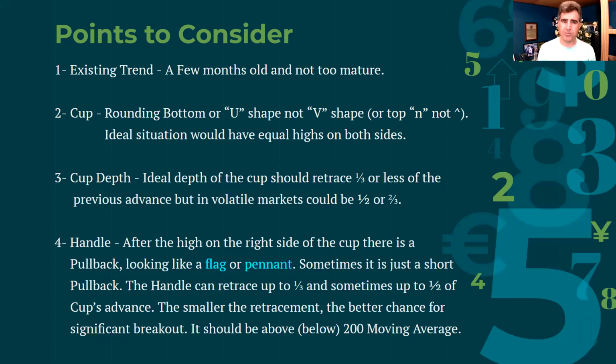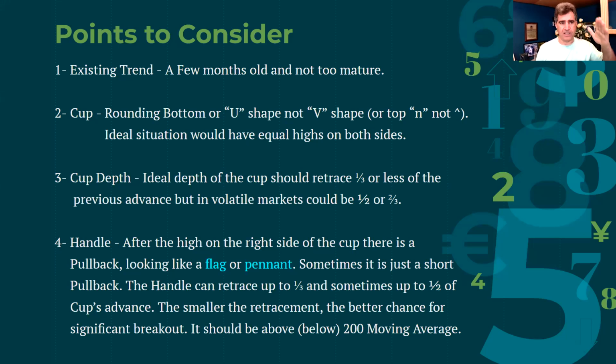Now, what about the cup's depth? The depth is important because we want to make sure that there's not a lot of volatility, which we have now, when the markets are moving and you have a lot of whipsaws. So if the market moved up in a trend and then retraced, you usually don't want the retracement to be more than 1/3 of that move.